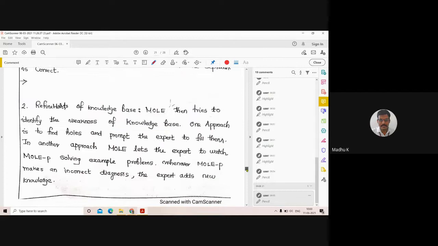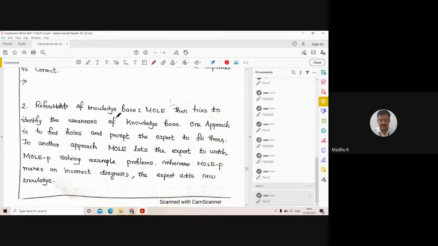And next is the refinement of the knowledge base. As I told you earlier, the knowledge base should be regularly updated. MOLE tries to identify the weaknesses of the knowledge base. One approach is to find the holes and prompt the expert to fill them.